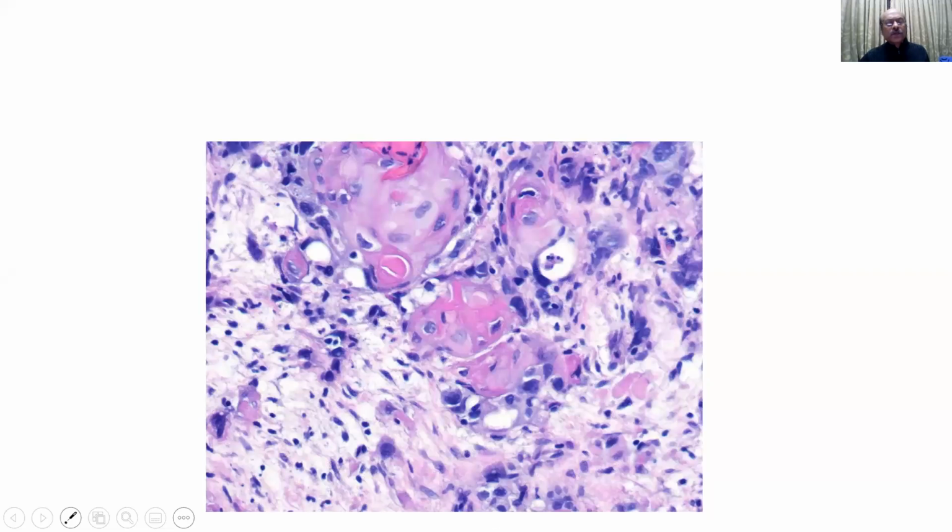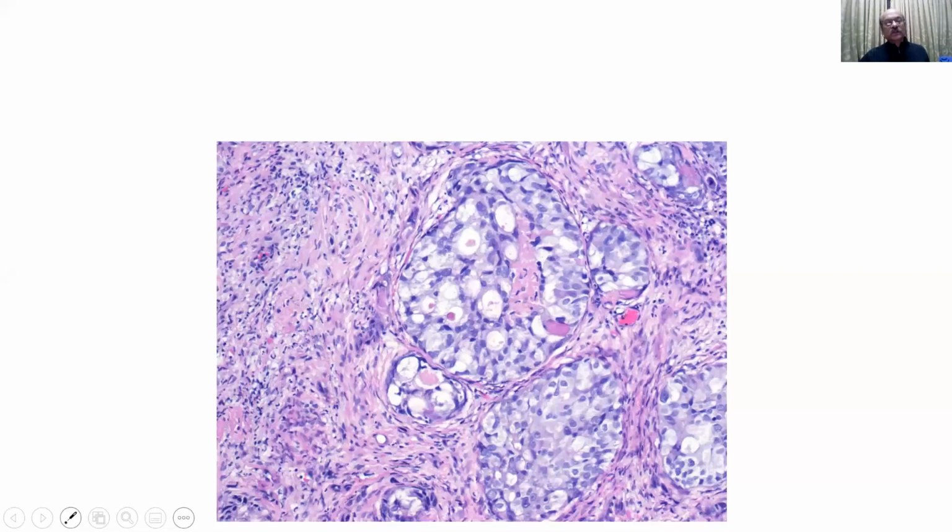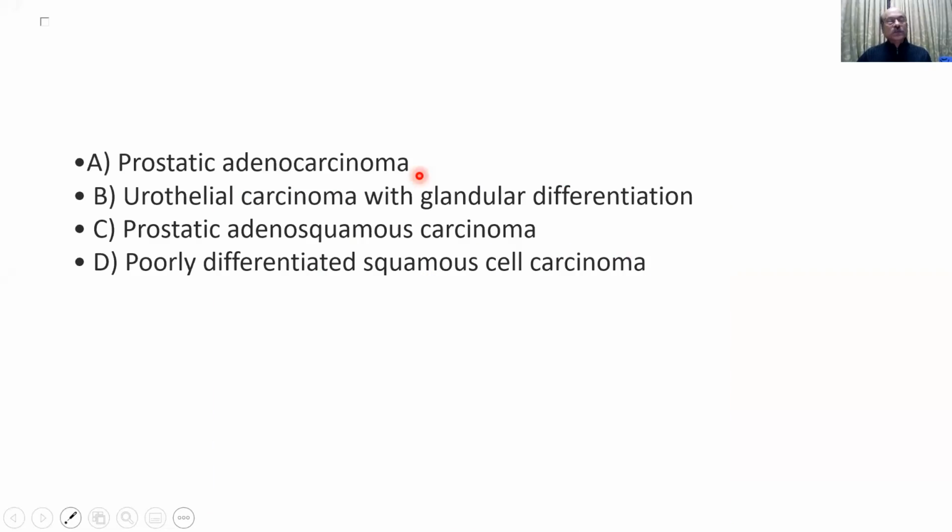So this is the squamous component. And here we see glandular carcinoma, glandular differentiation. So the choices are prostatic adenocarcinoma, urothelial carcinoma with glandular differentiation, prostatic adenosquamous carcinoma, and poorly differentiated squamous cell carcinoma.